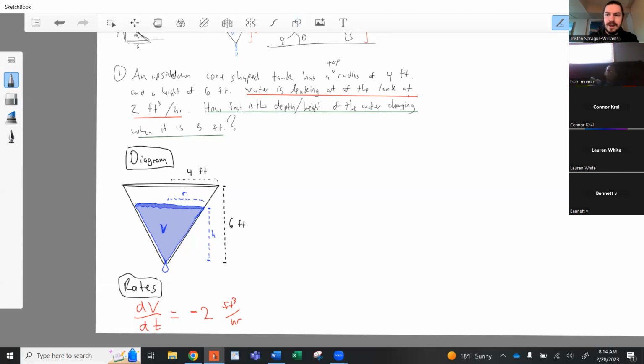So that is an unknown rate. It's the rate of change in this height variable. So I'll write dH over dt equals what? I'll just put some question marks there. And then I'll write the words when h equals 3 feet.